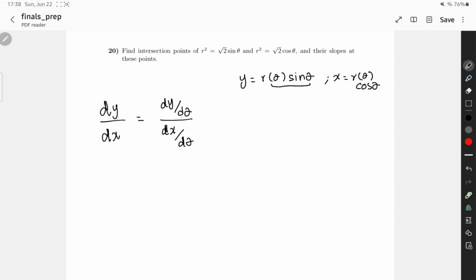So when you take the derivative with respect to theta of y and x, you apply the product rule in differentiation. We'll get something like this: r prime sine theta plus r cosine theta, divided by r prime cosine theta minus r sine theta. You need this form to get the slopes at specific points.